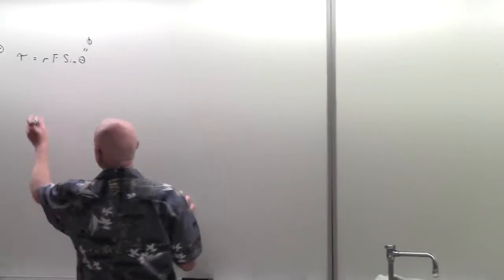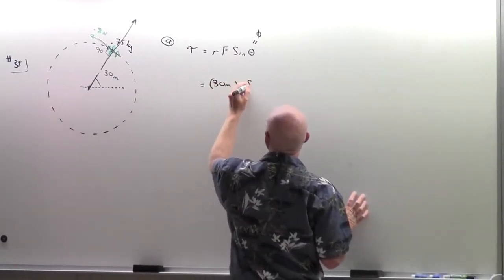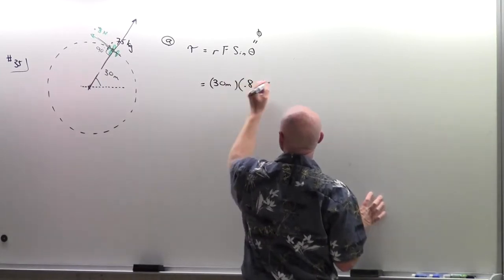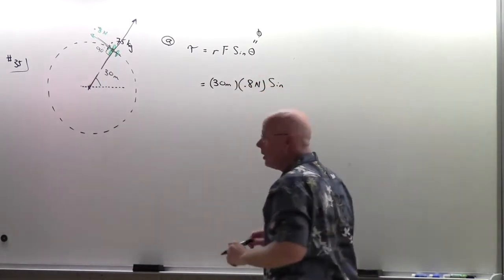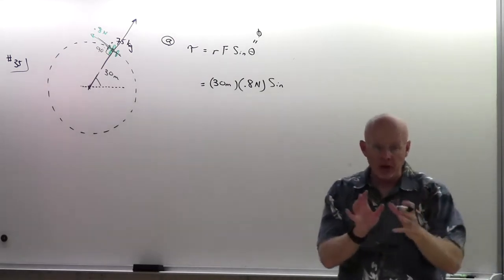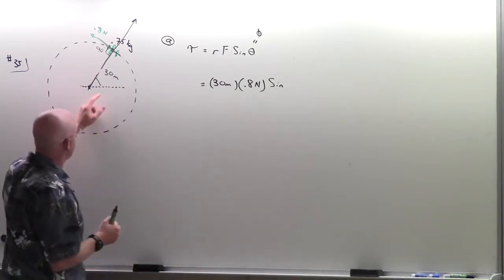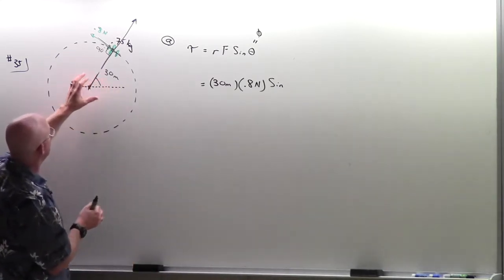So that being said, we can answer A right away because we know the distance is 30 meters. We know the force is 0.8 newtons. And we know the angle, whether we call it theta or call it phi, doesn't matter. But knowing what angle it is does matter. It is not some angle here measured from the x-axis.